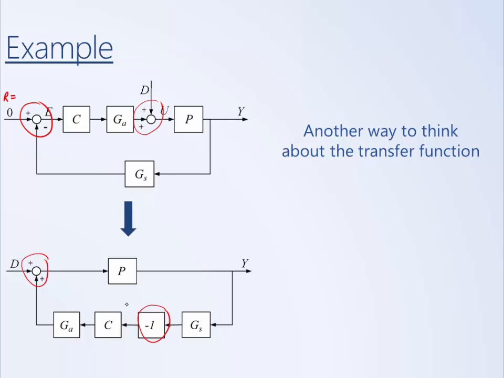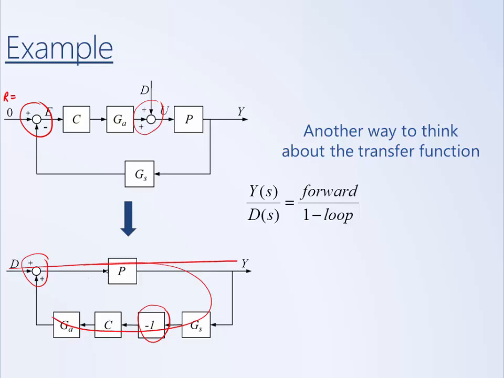And so these two are equivalent, where here we're thinking of the system as positive feedback. If you recall, the rule for positive feedback is forward over 1 minus loop. And in this case, the forward path is simply P. The feedback or loop includes P, GS, -1, C, and GA.